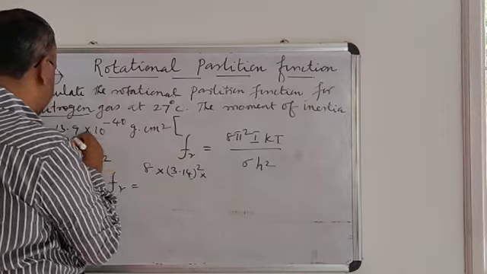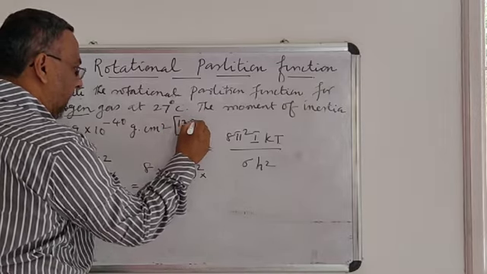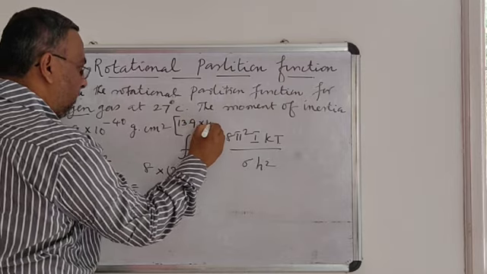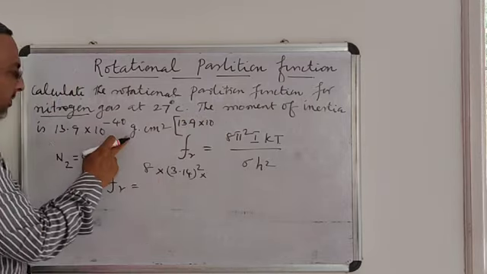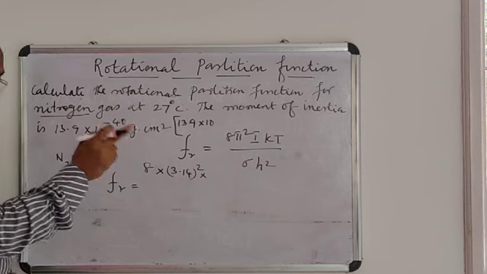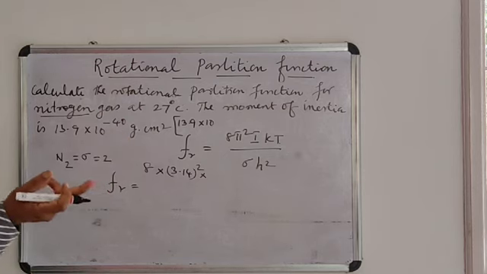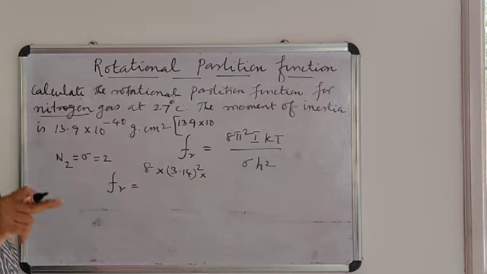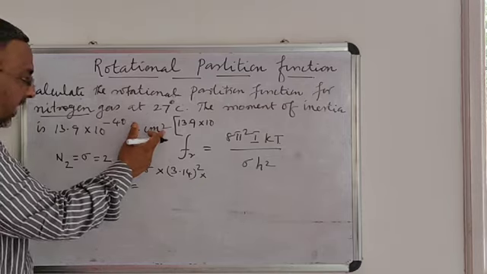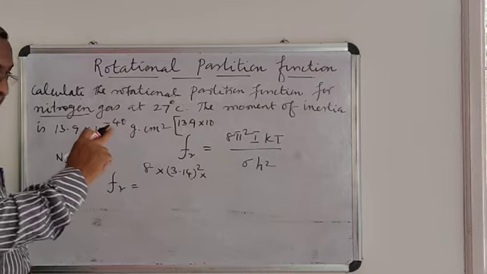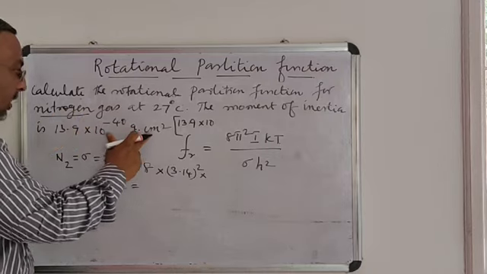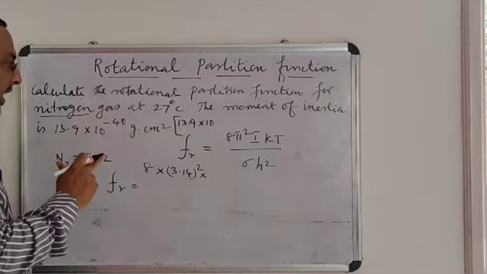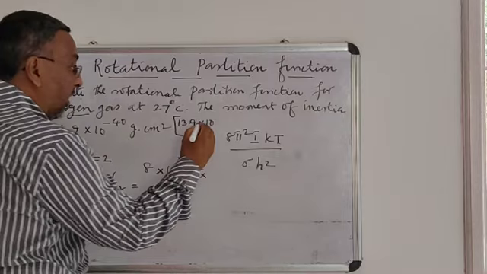So I can write it as 13.9 into 10 to the power of minus. When I am converting gram into kilogram, it is 10 to the power of minus 3, and centimeter into meter 10 to the power of minus 2, it is square. So therefore minus 2 square minus 4, minus 4 here minus 3, so therefore it will be minus 47.